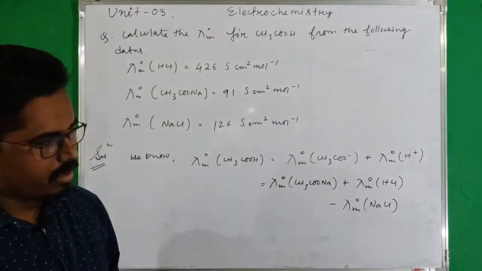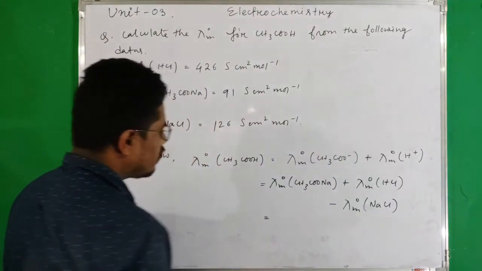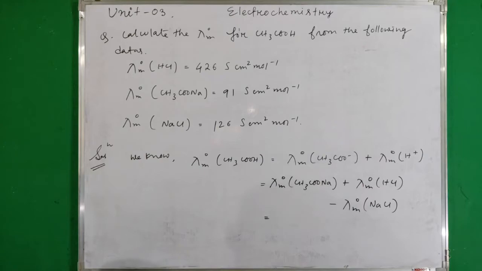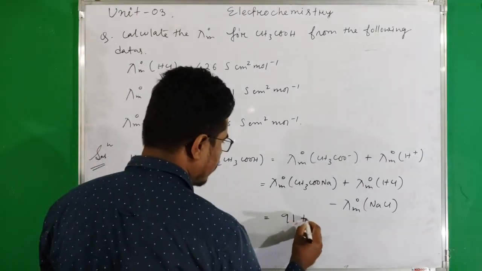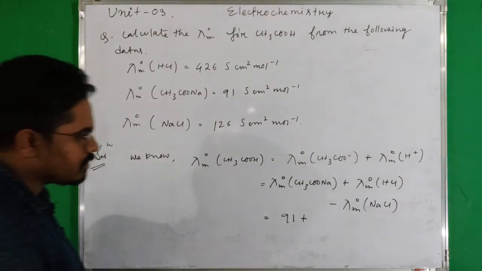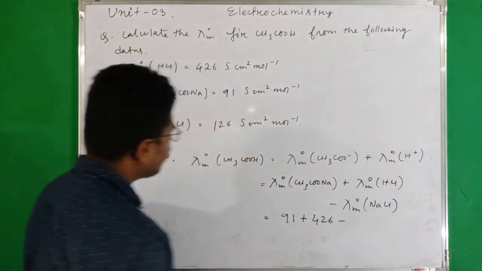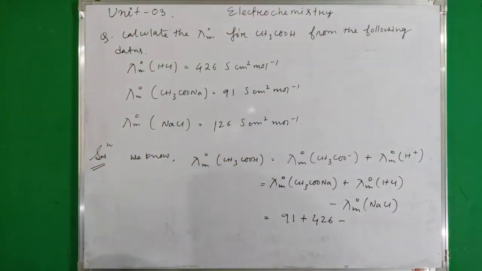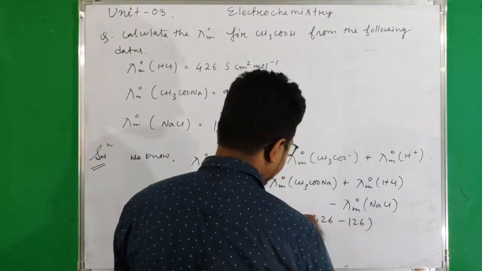Now we put the values: lambda m naught for sodium acetate is 91, plus lambda m naught for HCl is 426, minus lambda m naught for sodium chloride, 126.